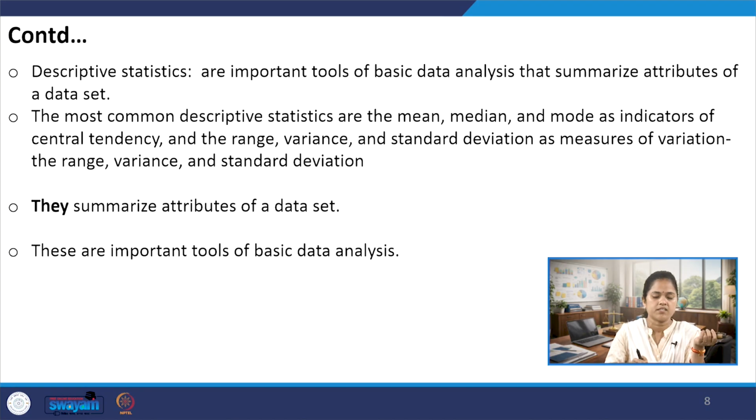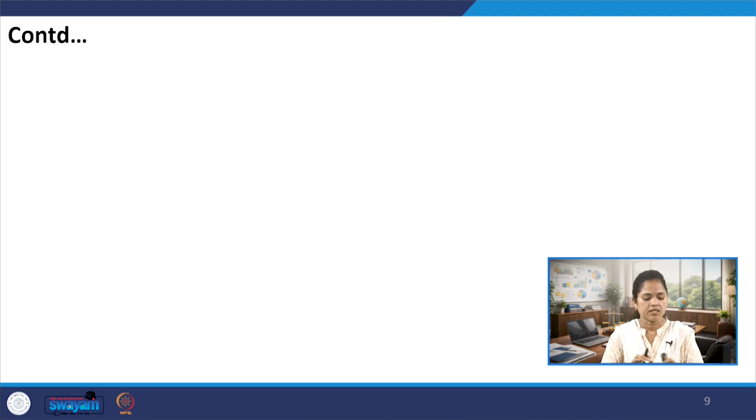The most common descriptive statistics that we use in policy analysis are the measures of central tendencies like mean, median, mode, even the measures of variations like the range, variance, standard deviations. Okay, and these descriptive statistics summarize the attributes of a data set, and that is the reason they are very important tools for the basic data analysis.